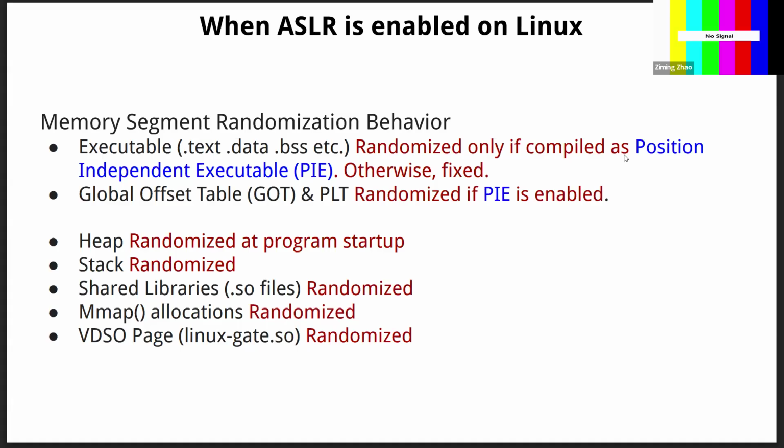Libc is not necessarily part of your ELF file, your executable. Your executable itself has to be compiled in a specific way, which we call position independent executable, PIE, or position independent code, PIC, which means this piece of code can execute no matter where you put it in the address space. Okay.